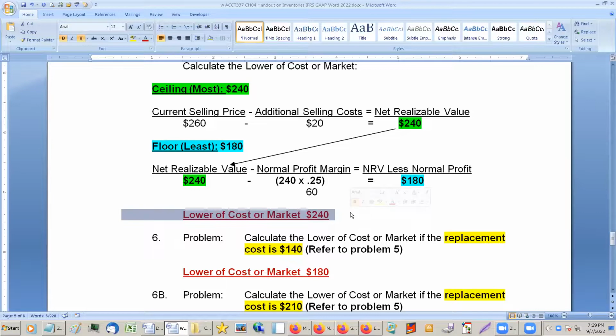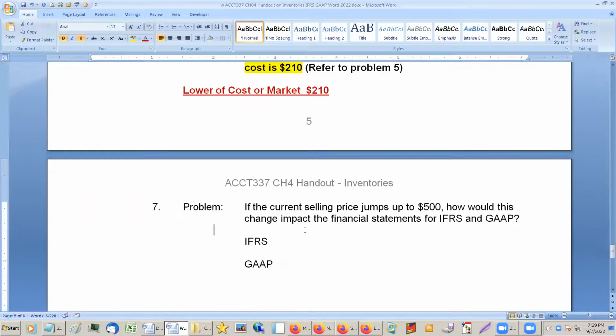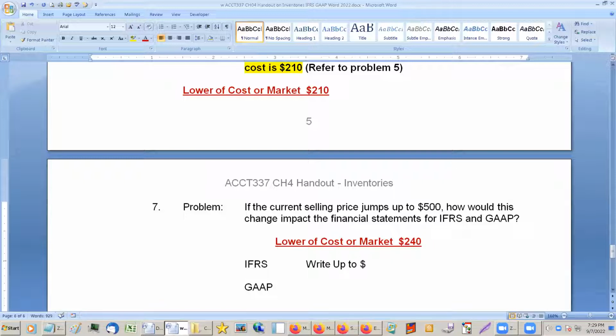Let's say at a lower cost of market of 240. The first one. IFRS. Write it up. $300.